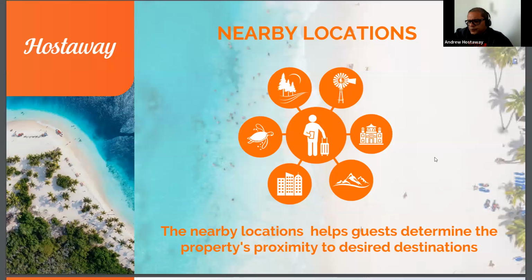Another thing that we notice is that when you bought your listing, or maybe rented your listing, or got your listing ready to be booked, it was because it is nearby a very specific location, right? So people are looking for that location, and then they are looking for places to stay.